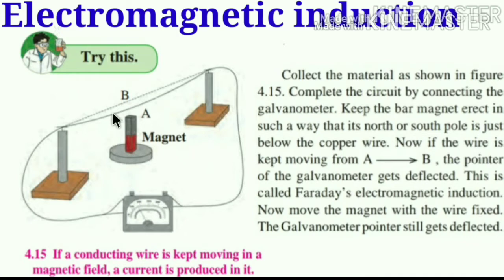If we move the wire, current is produced, and if we keep the wire stationary and move the magnet, current is also produced, and that current is shown by the galvanometer. If a conducting wire is kept moving in a magnetic field, a current is produced in it. And if the wire is stationary and the magnet is moving, current is also produced in it.